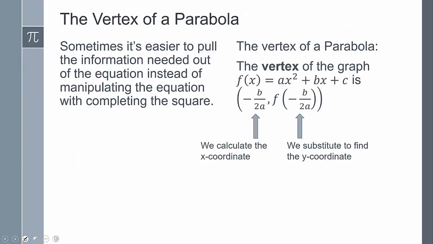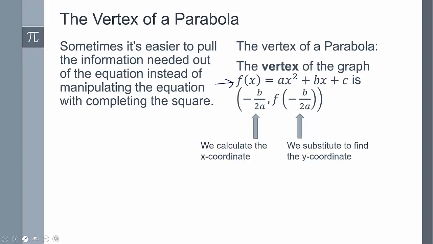So now we're going to take a look at a little shortcut. Now when my function is in this form, a x squared plus bx plus c, there's a special pattern that allows us to find the vertex really quick.